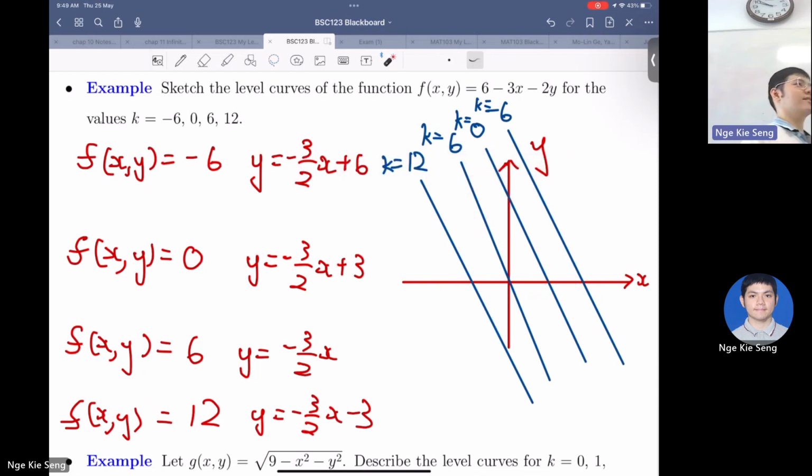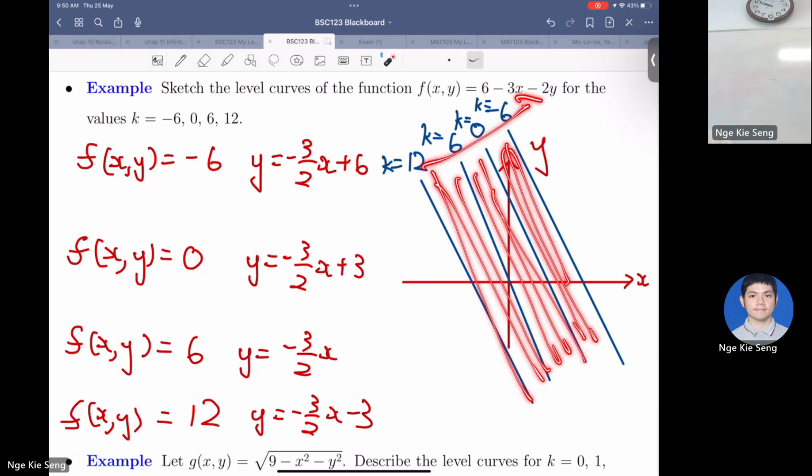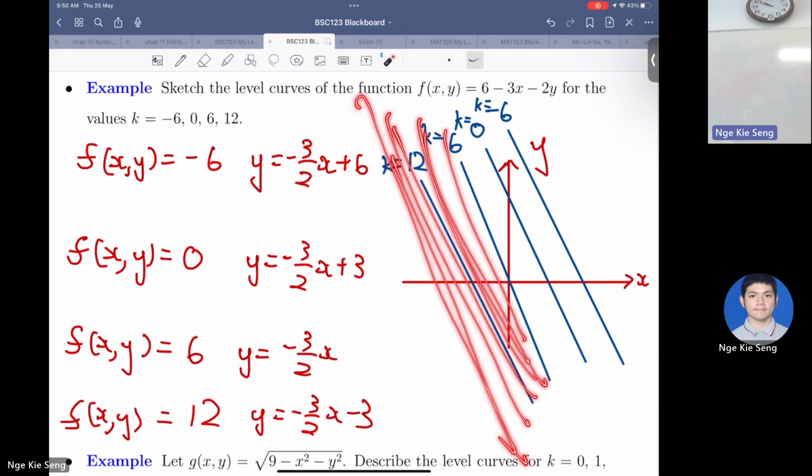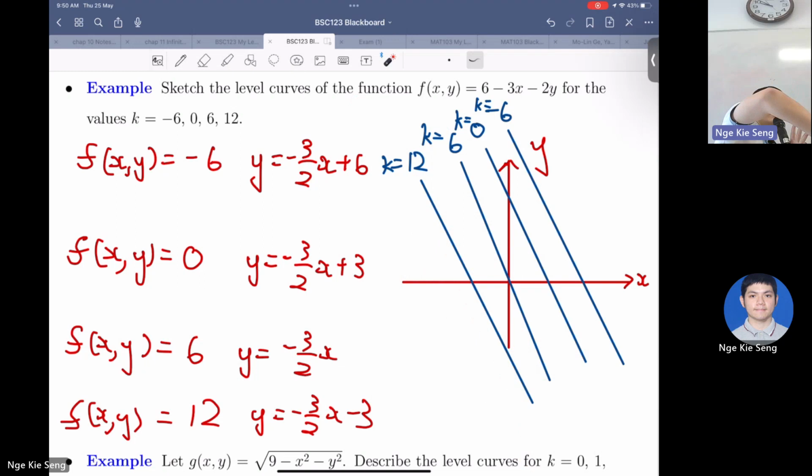Okay, so what's this shape? Not a staircase. Okay, you should imagine more because we are continuous, so you should fill out all the space here. So you got the infinite lines, and these infinite lines go from the top to bottom.